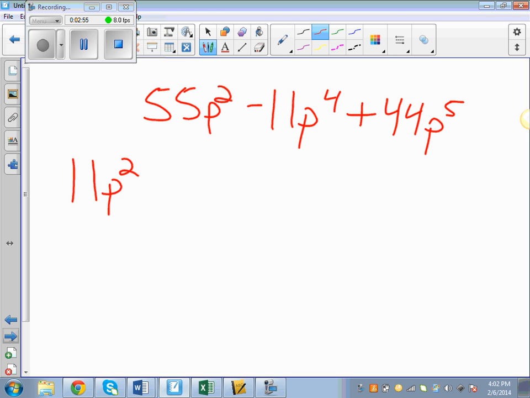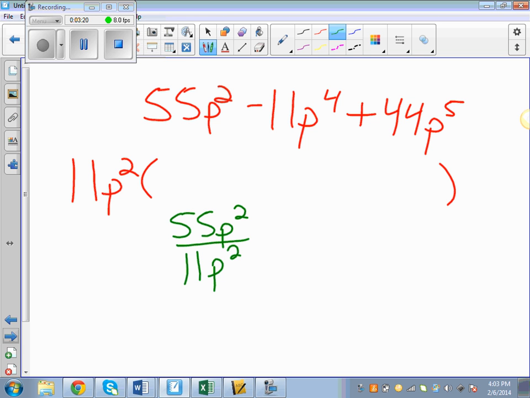So remember, we put our greatest common factor on the outside of the parentheses because we're basically pulling out those factors from each of these 3 terms. So to figure out what goes inside of our parentheses, we're going to take each term here, so 55p squared, and divide it by our greatest common factor.